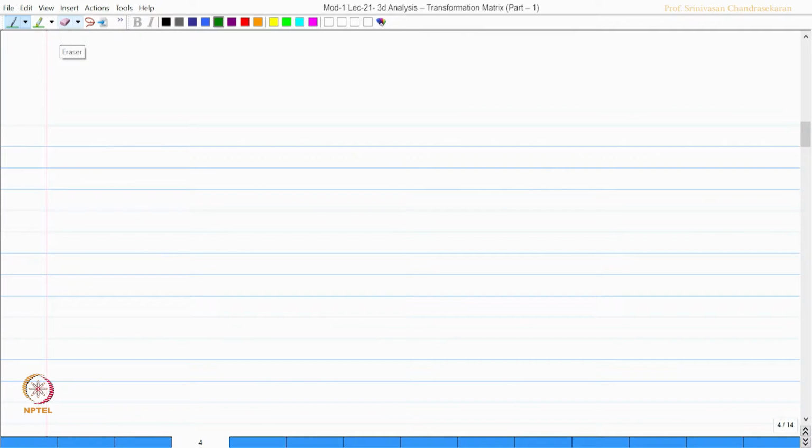So, one can easily find the following relationship valid: V1, V2 and V3 will be V0 cos gamma 01, V0 cos gamma 02 and V0 cos gamma 03.